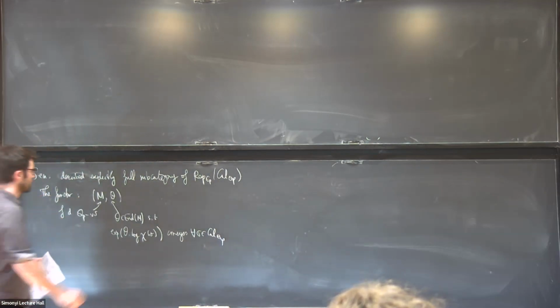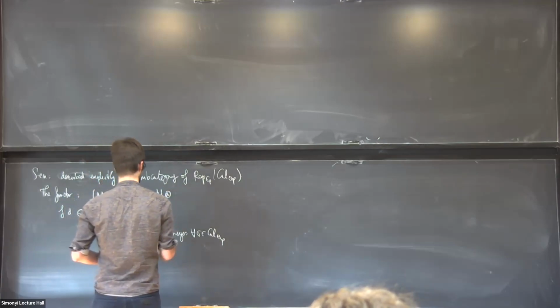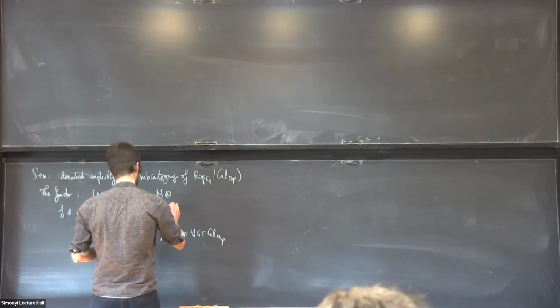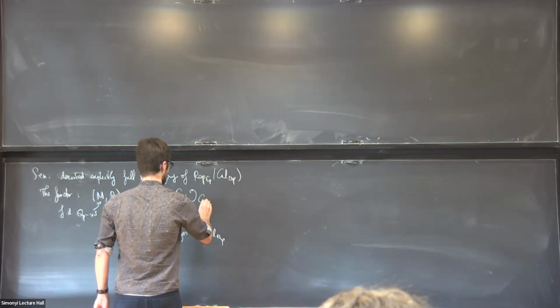To any such pair, you can attach the tensor product of M with C_p over Q_p, with the action of Galois.